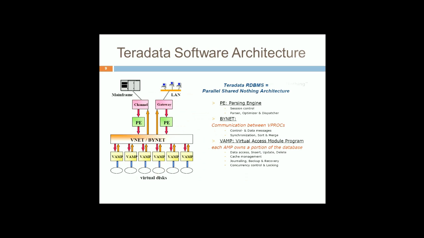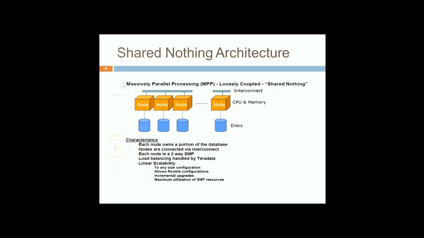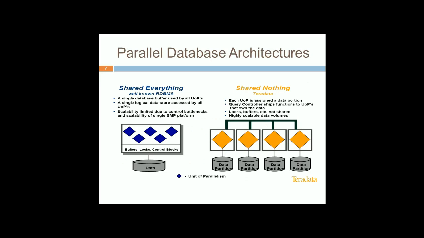Let me just give you a background. When you have a table, you don't store the entire table data in a single node. Instead, you distribute the table data across different nodes. Is it a copy that you distribute? No, it's not a copy.